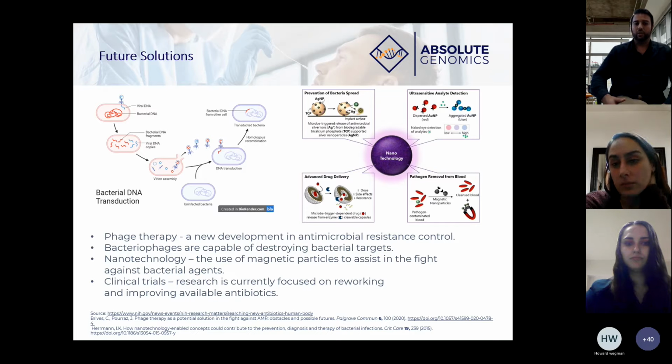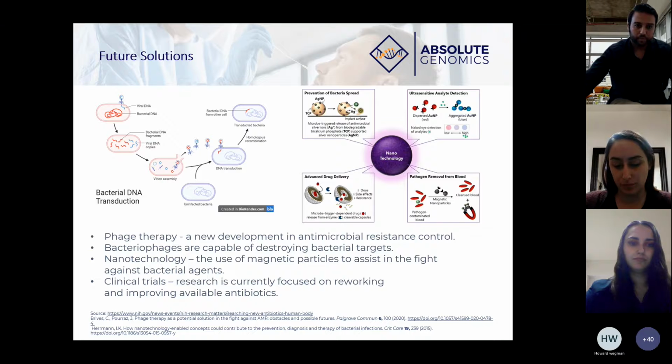So look out for these technologies in the future, and you will see some amazing products that would help us curb antimicrobial resistance. But the bottom line, the message, is: use antibiotics in a proper, safe way, and only use them when they are needed.